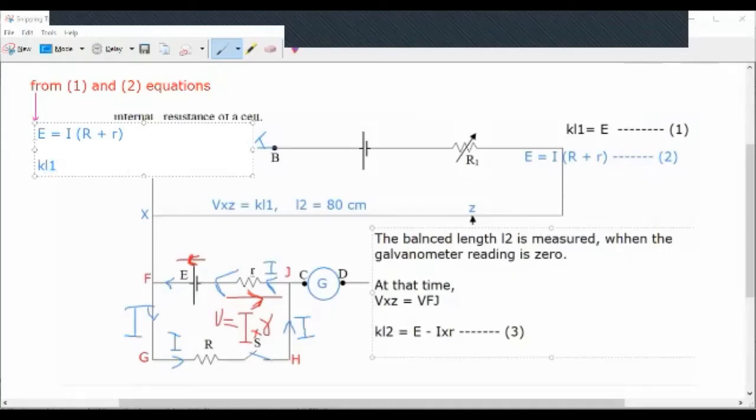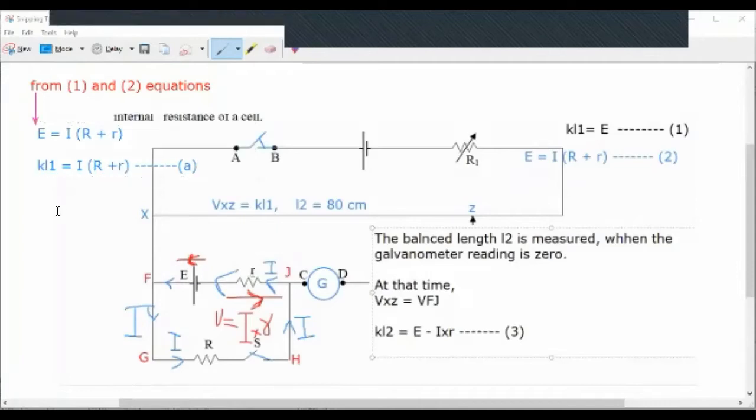Therefore, in the place of capital E, I can write KL1 equals capital I times (capital R plus simple r). Let me mark this as my equation simple A.